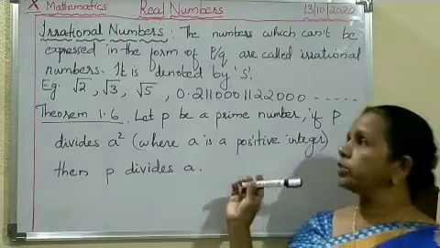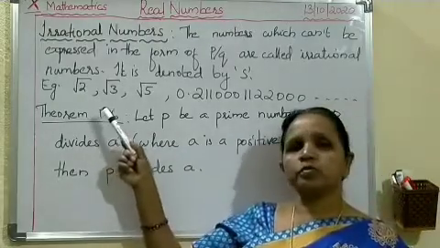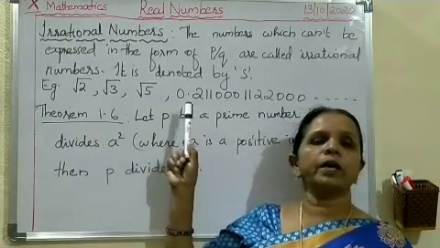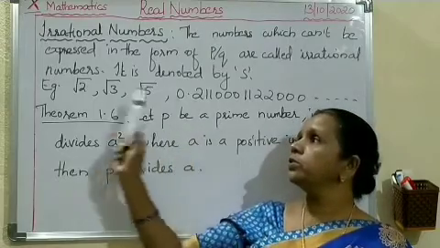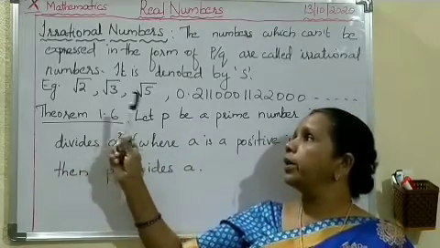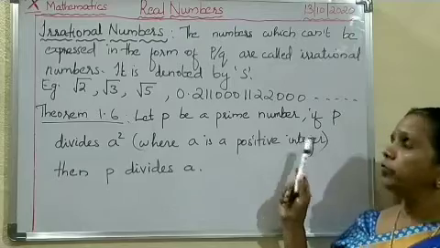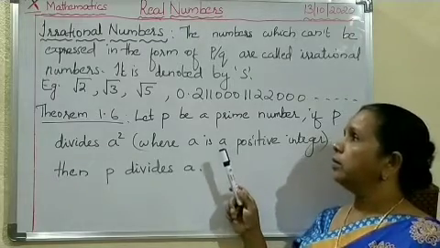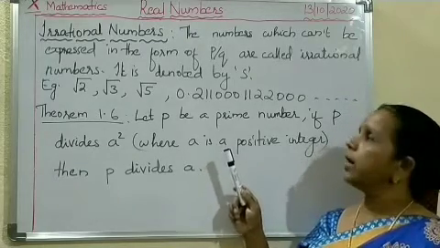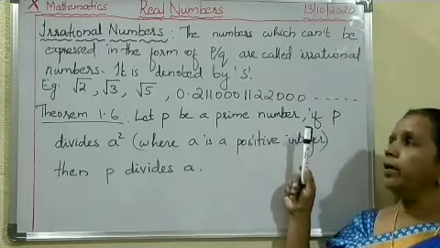An example of an irrational number is root 2. The square roots of all prime numbers are irrational numbers, that is root 2, root 3, root 5, root 17, etc. Also, non-terminating and non-recurring decimals are irrational numbers.